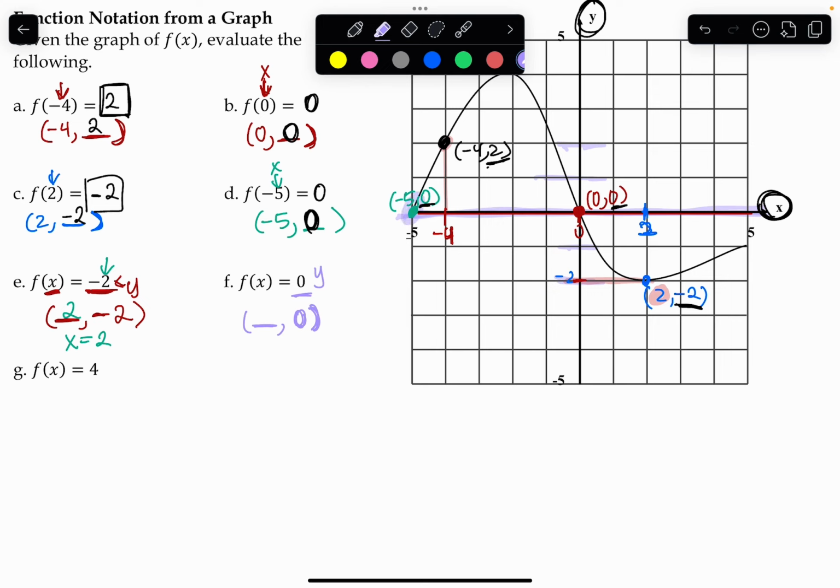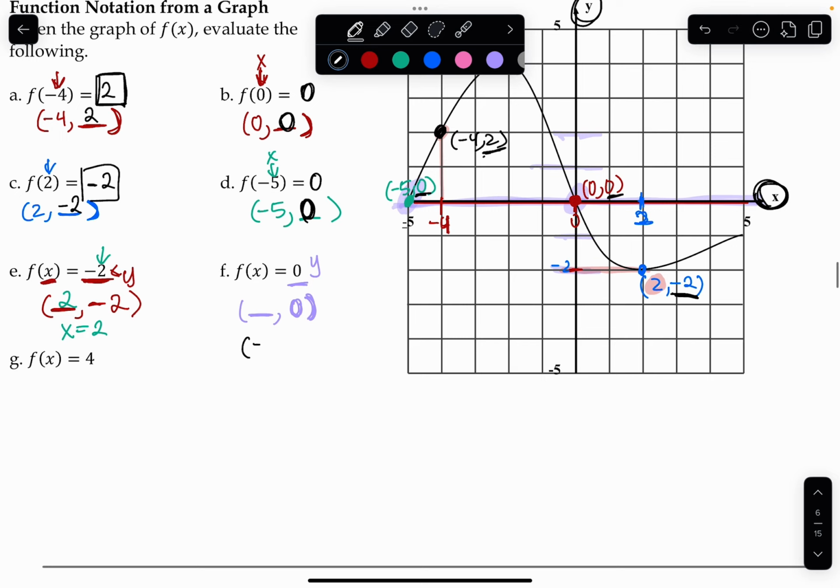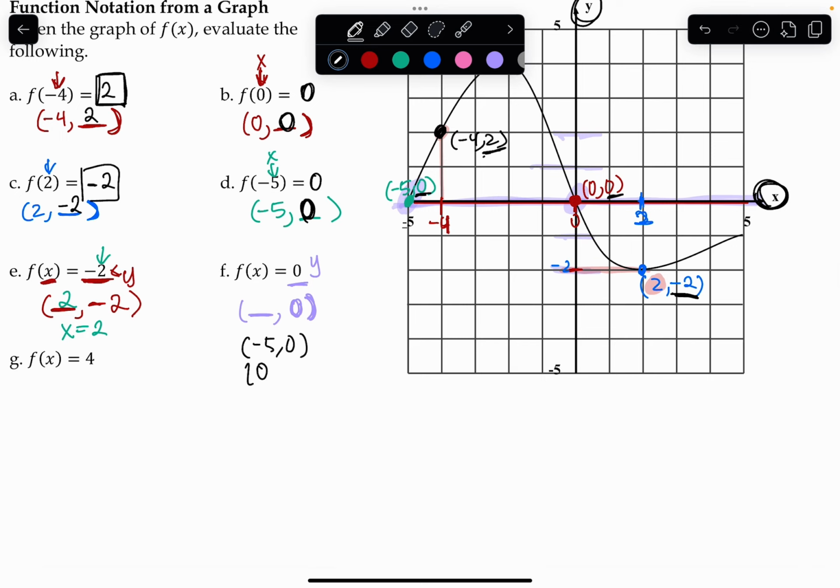We have this point here, -5, 0, and we have the point 0, 0. So we have two different answers that we can give them for an output of 0. You would say -5 or 0 for your answer.